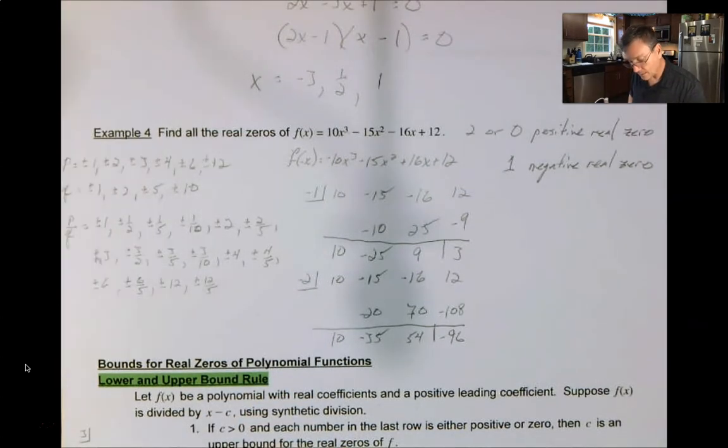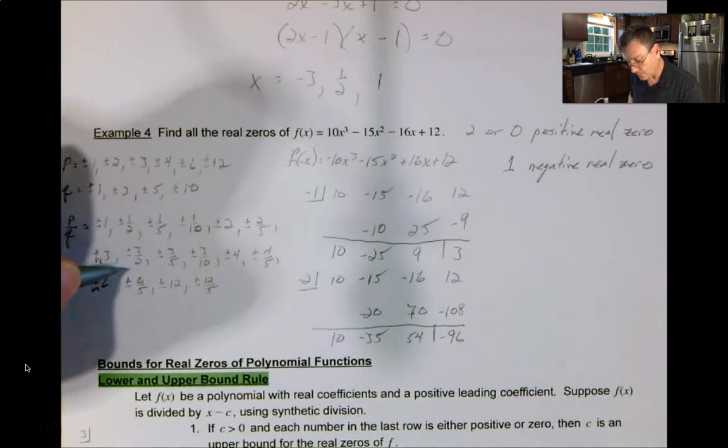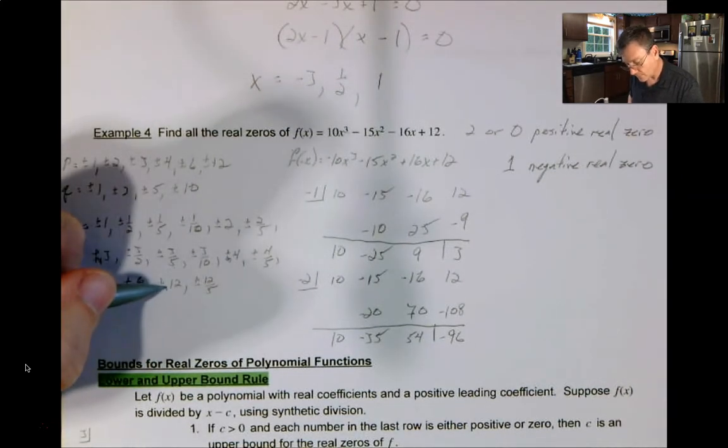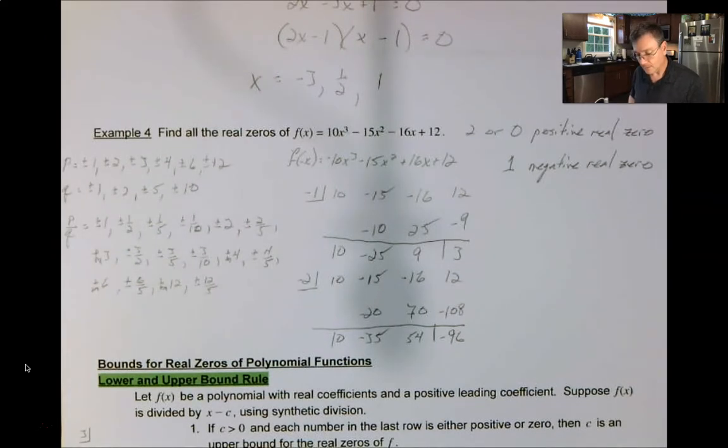Negative 3, no. Negative 6, no. Negative 4, no. Negative 12, no. Okay? None of those are possibilities. There's still the fractional possibilities.